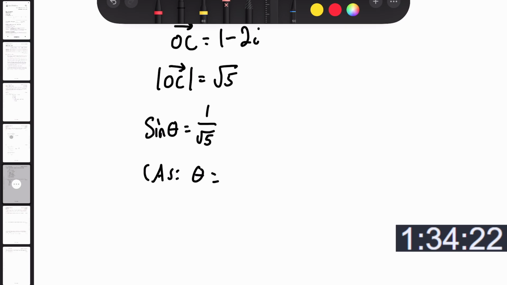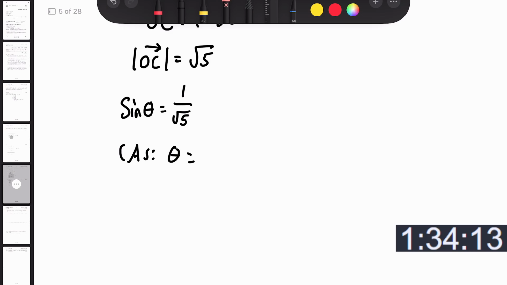Solve sine of x is equal to 1 divided by square root of 5, given that I want 0 less than or equal to x less than or equal to 2 pi, and I want this in radians, as a decimal. So 2.67 or 2.68 or 0.464.